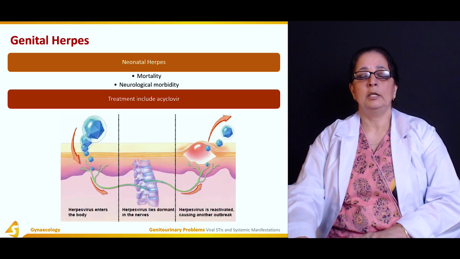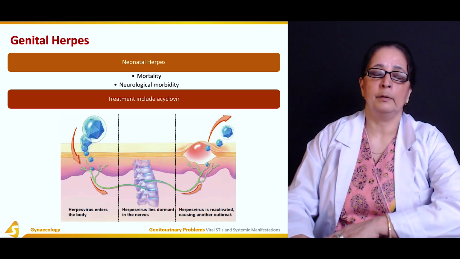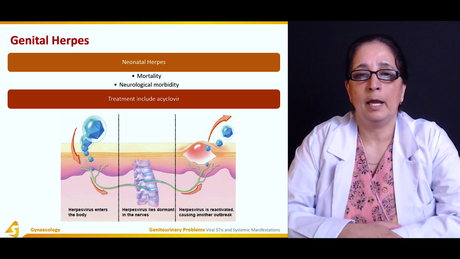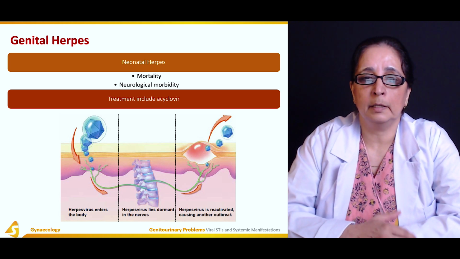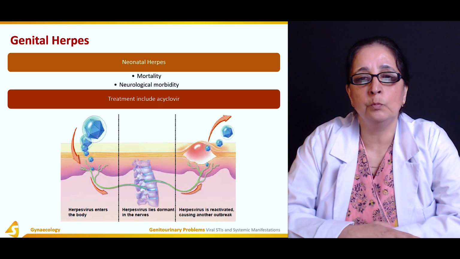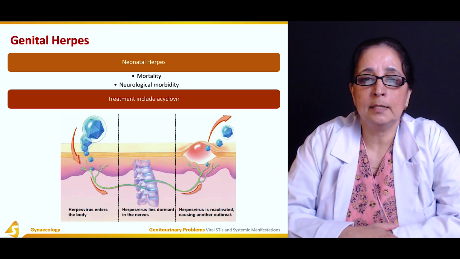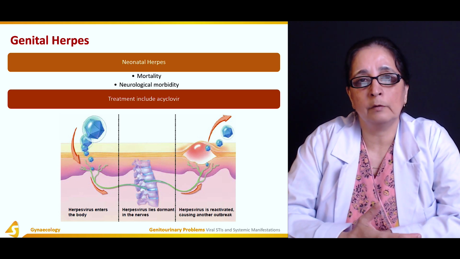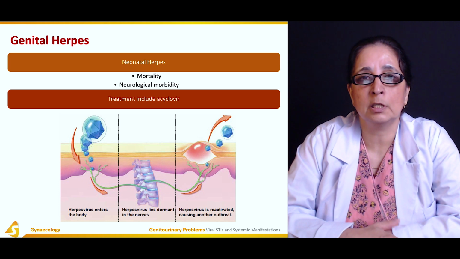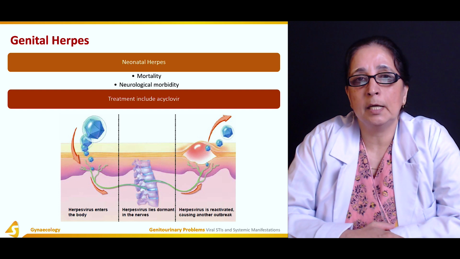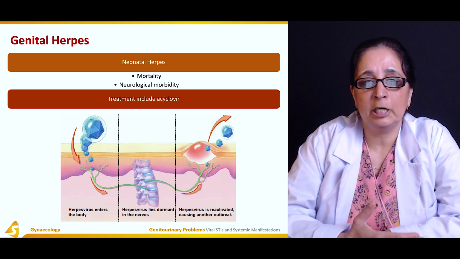Again, when the mother is infected with the herpes, it can be transferred to the newborn baby during the delivery. The mortality rate is very high, and there can be a lot of neurological complications in the newborn baby with very high morbidity rate or very bad condition.